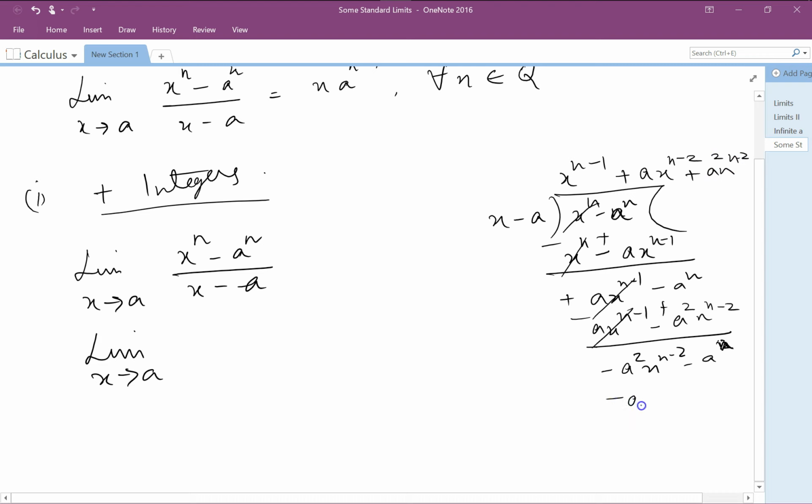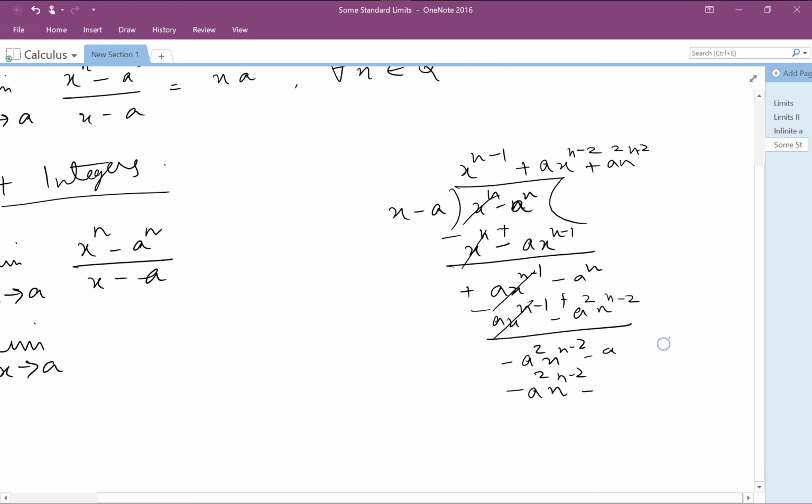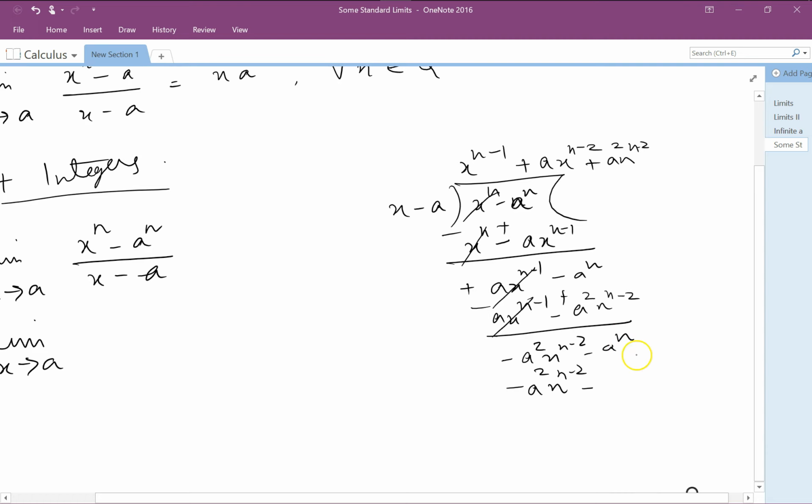Multiply it with a, it becomes a cubed x to the power of n minus 2, and then a cubed x to the power of n minus 3.